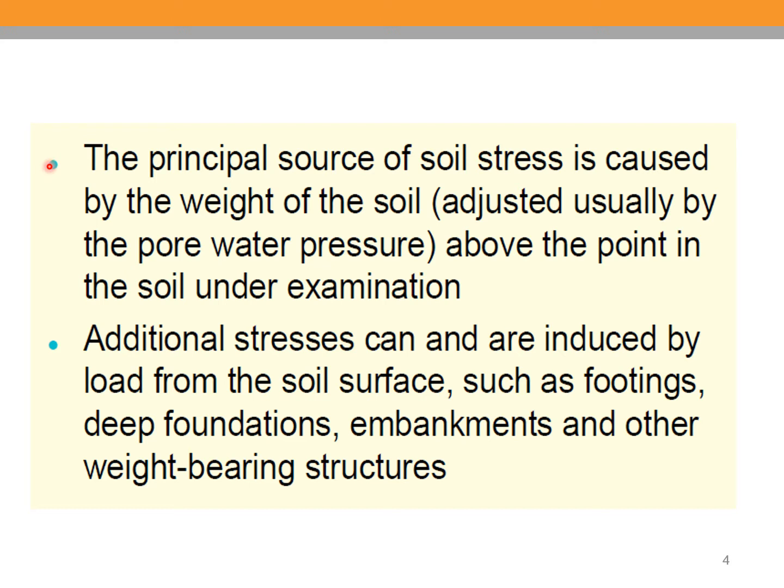The principal source of soil stress is caused by the weight of the soil, adjusted usually by the pore water pressure above the point in the soil under examination. Additional stresses can be induced by load from the soil surface, such as footings, deep foundations, embankments, and other weight-bearing structures.